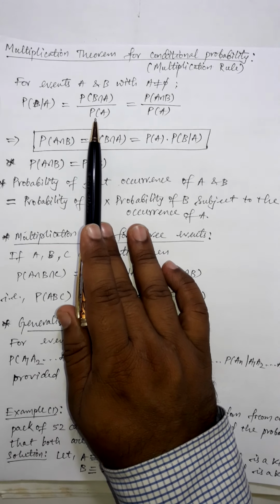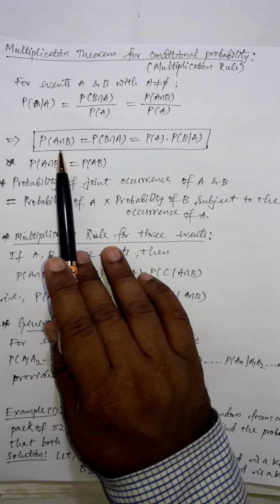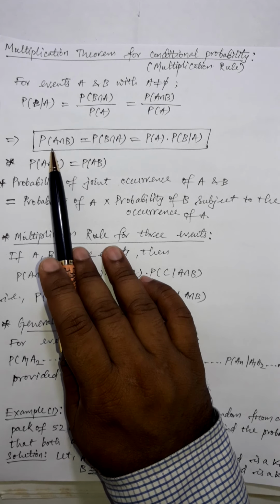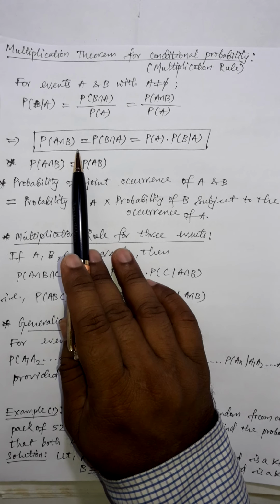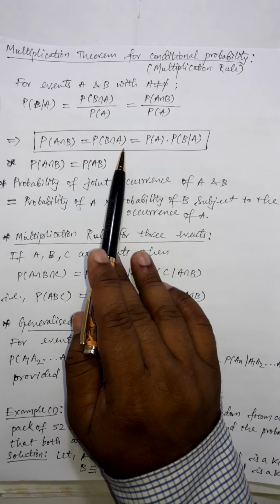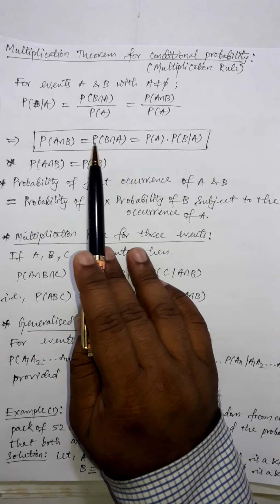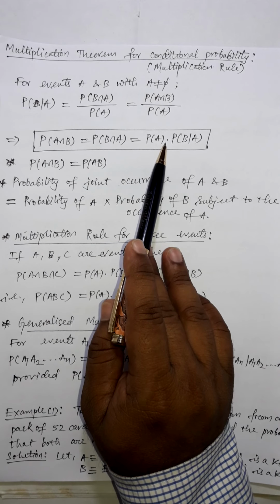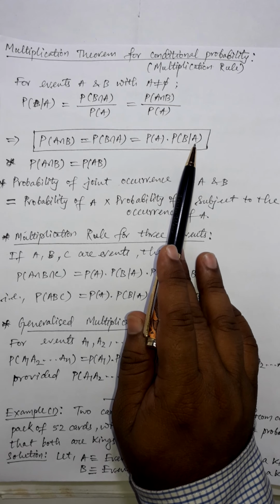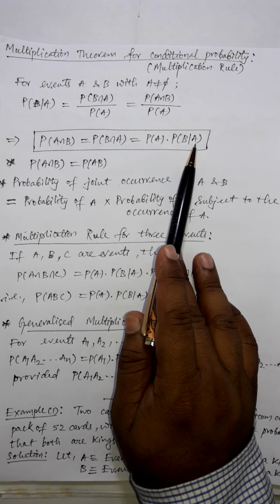So after cross multiplying, we will obtain another form of probability, which is probability of A intersection B, which is also equal to probability of B intersection A, which is equal to probability of A multiplied with conditional probability of B subject to A.